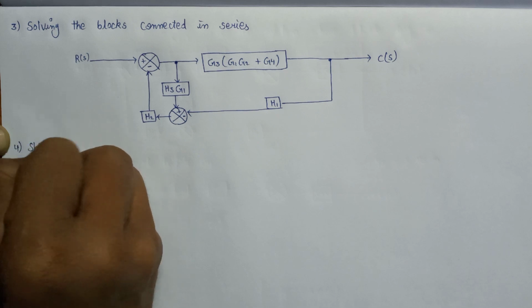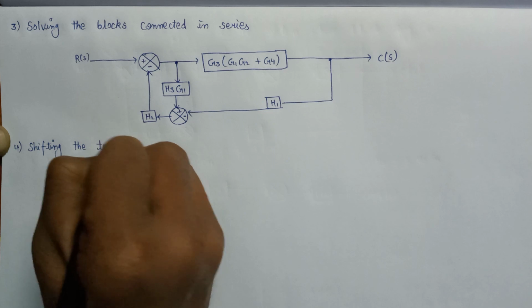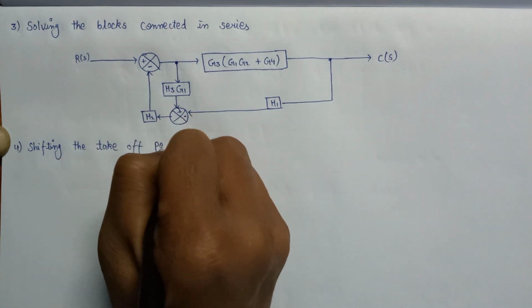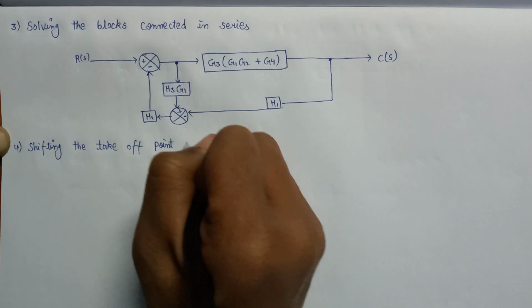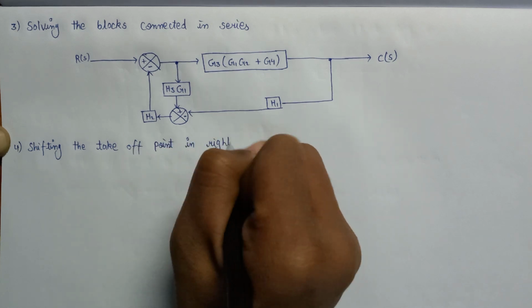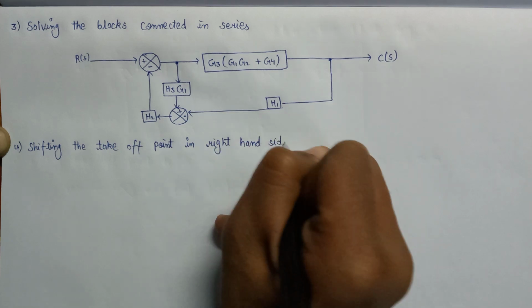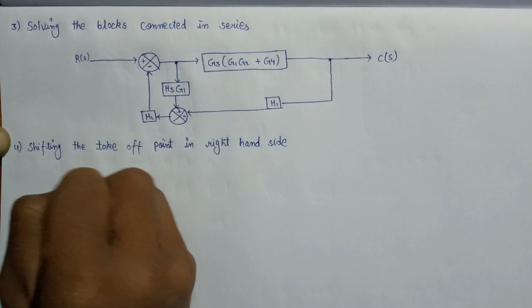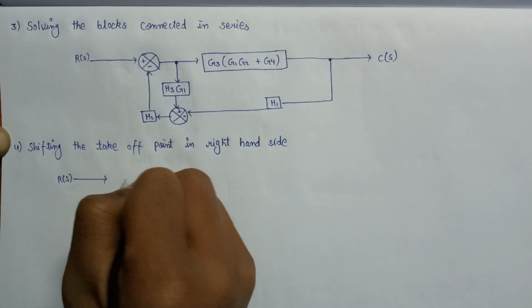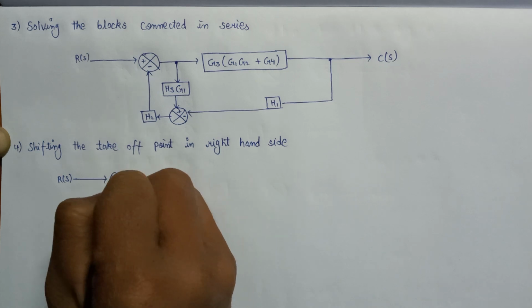Shifting the takeoff point to the right hand side, we get R of S that is applied to a summing point.